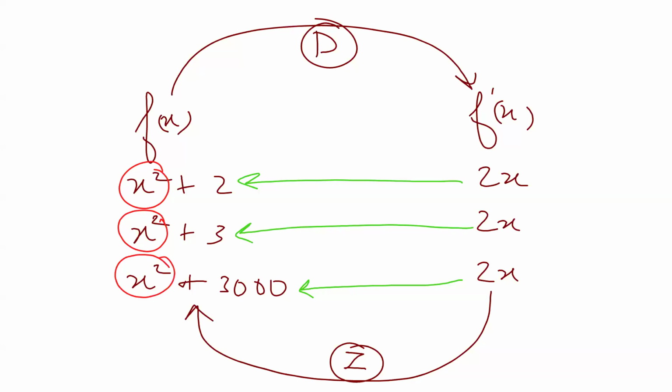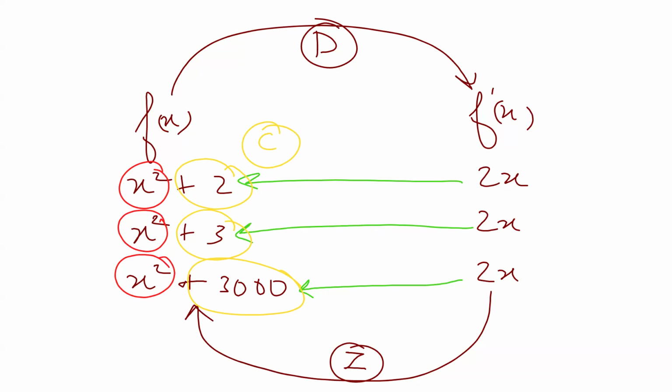This is not changing. What is changing? This part, the thing which is marked in yellow, this is changing. Are these constants, 2, 3, 3000? Yes or no? So this is C basically.